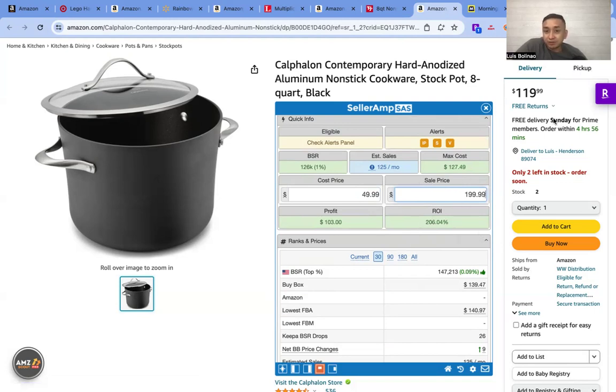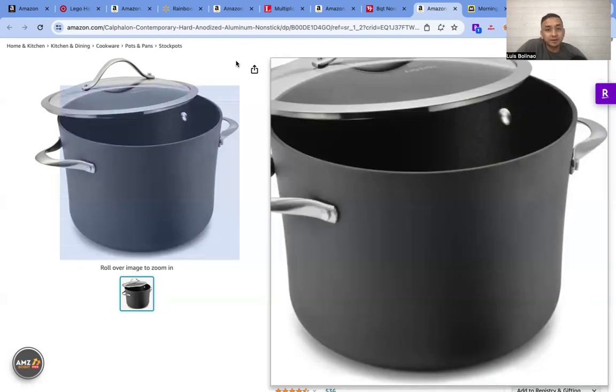So based on the price here on your Amazon page, it's giving you a 200% ROI, which is crazy. Oh, I'm sorry, $119. Sorry, guys. So $119, right? Thanks, Dion. Appreciate you. So your ROI is at 68%. Still really good.